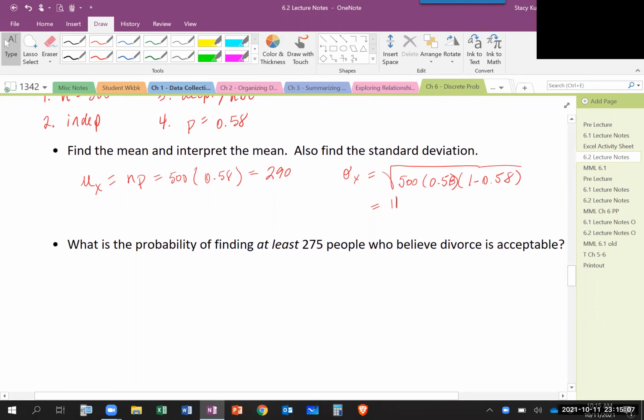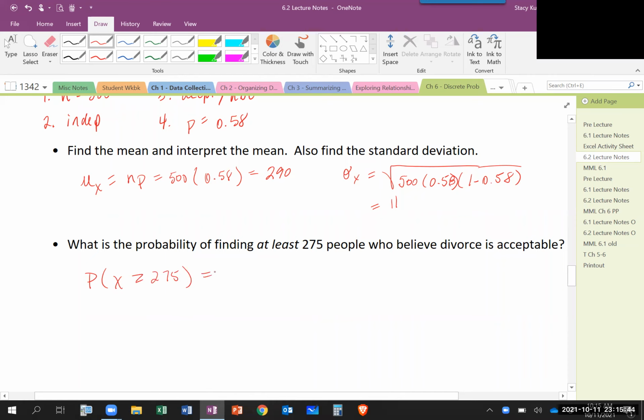Right? Because we know that if we on average can find 290, where does 290 fall on a distribution, right? If that's the average, it should be the middle, shouldn't it? Yeah, if we're talking about an average here. So what we're saying is, what is the probability, capital P, that I find at least 275 people who believe divorce is acceptable?